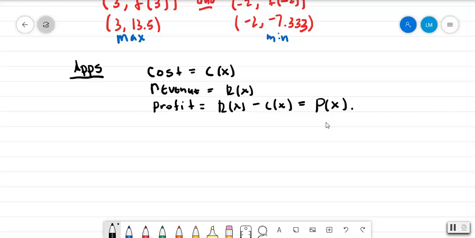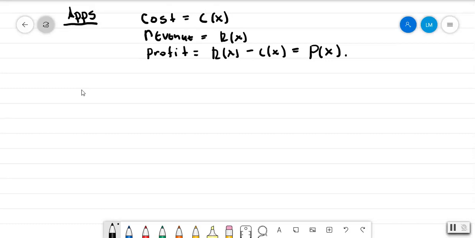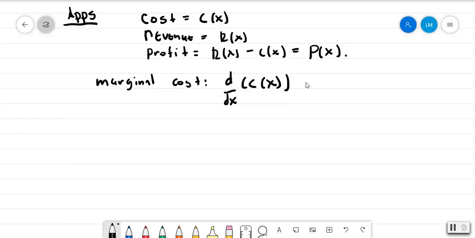Okay, but what I want to do is a little bit of what we call marginal analysis, where we can figure out the cost of production for the next item based on the derivative itself. So we'll say that the marginal cost is basically taking the derivative of your cost function, and that gives you C prime of x.